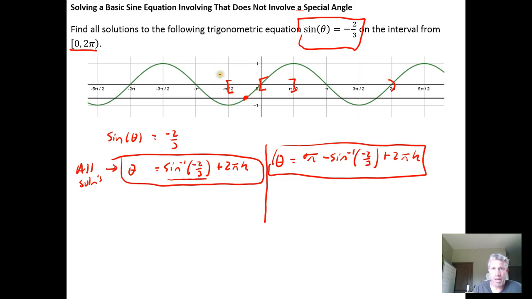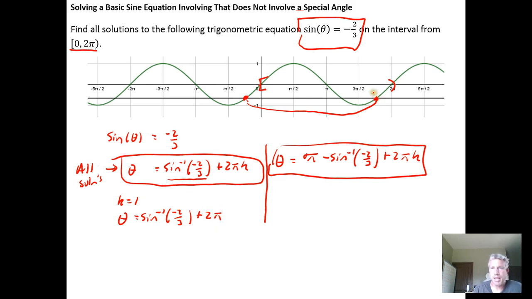So what I need to do is get the next coterminal angle over, which is located right here. We need to find this intersection. So to get him, I'm going to just add 2 pi. I'm going to let k equal 1. When k equals 1, I get theta equals the sine inverse of negative 2/3 plus 2 pi.